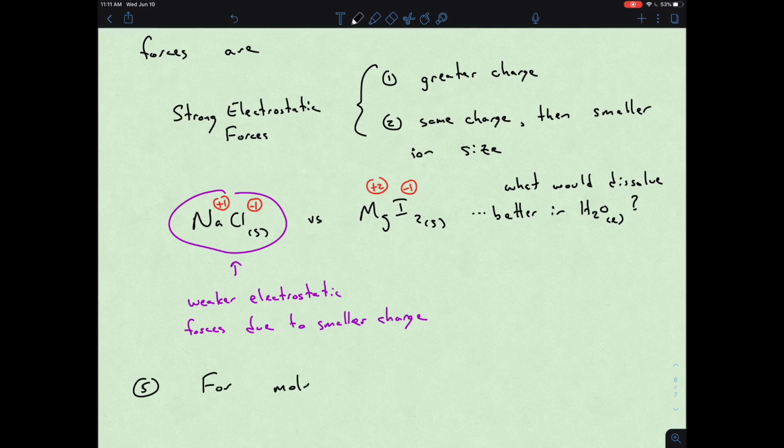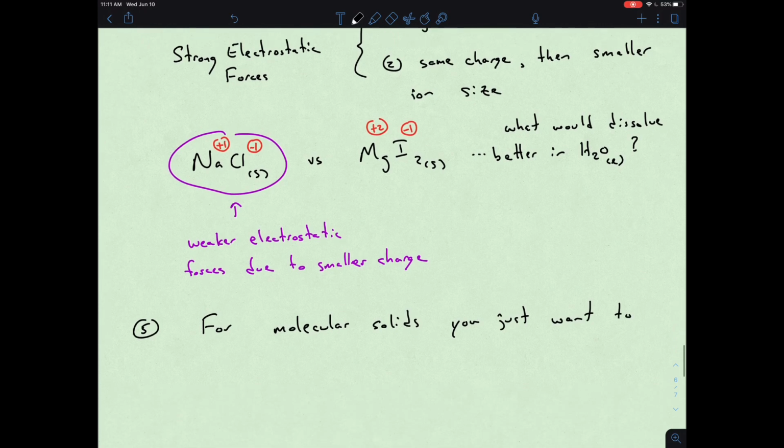For molecular solids, you just want to match forces of attraction.